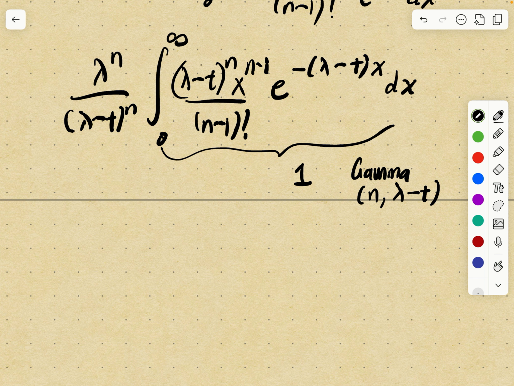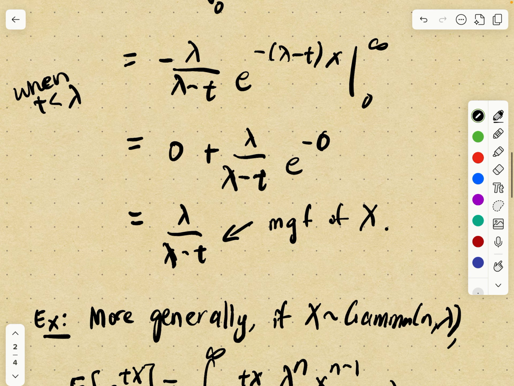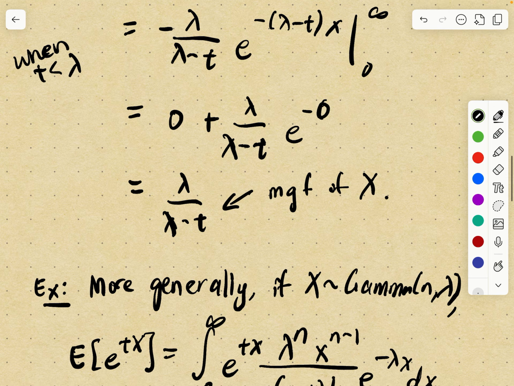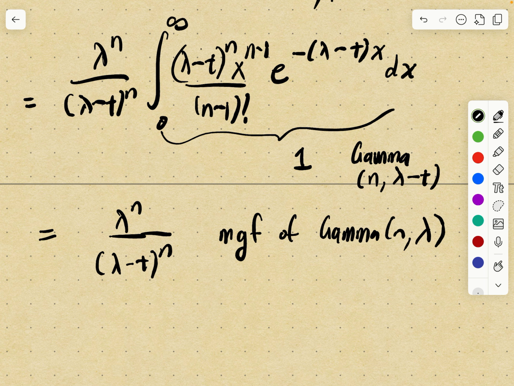So the density function integrates to 1, and this is going to be lambda to the n over (lambda minus t) to the n. This checks out with the previous example, because when n is 1 we should get the moment generating function of the exponential distribution, and when n is 1 you get exactly that. So this is the moment generating function of the gamma n lambda distribution.